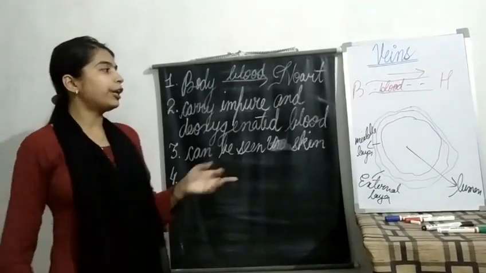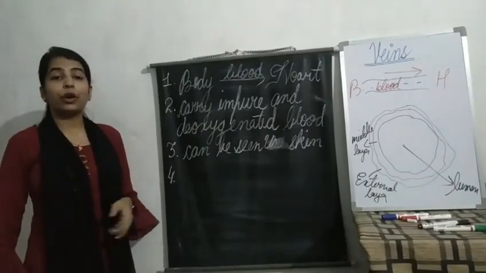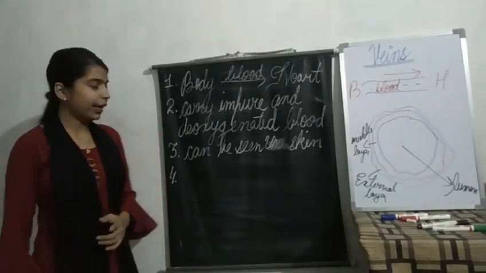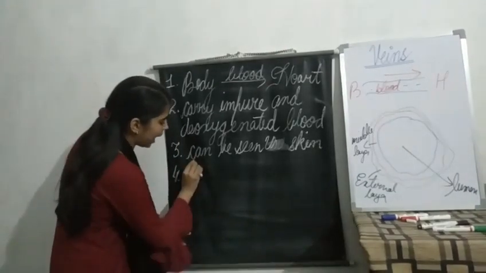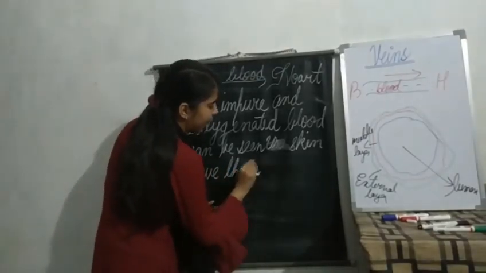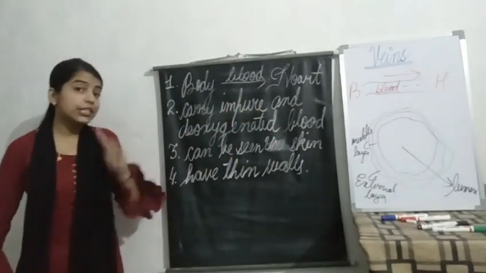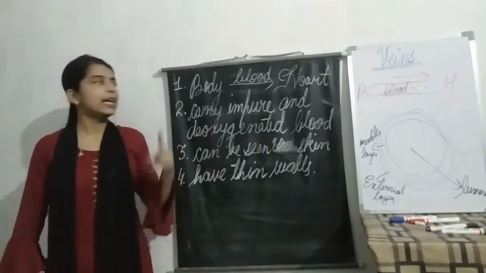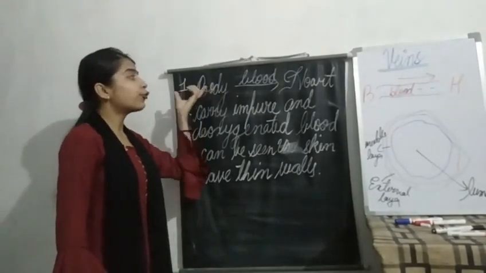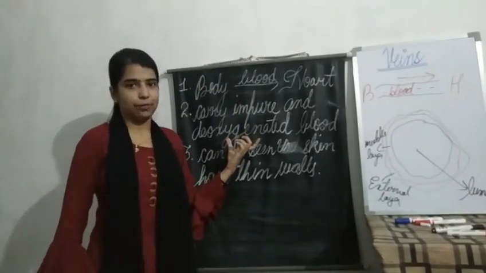Next point is, what was the fourth point in the arteries? What did I explain? That is, arteries have thick and elastic walls. But see here, veins have the opposite. They have thin walls. Now, the question arises, why do they have thin walls? See students, your veins are carrying the blood from your body, and they carry deoxygenated blood.